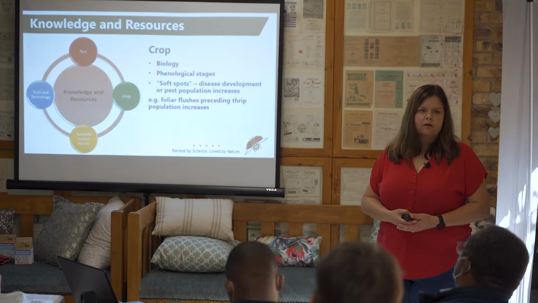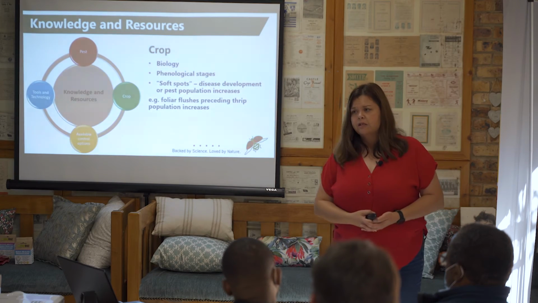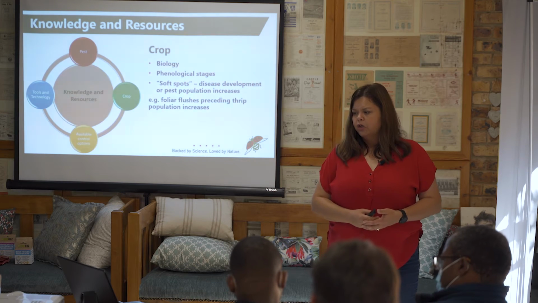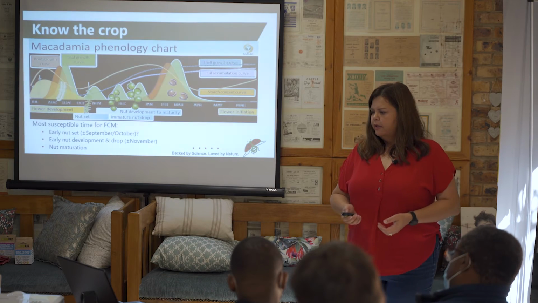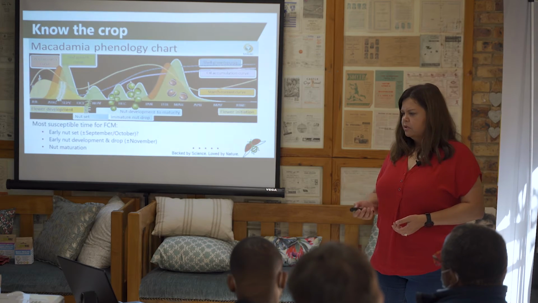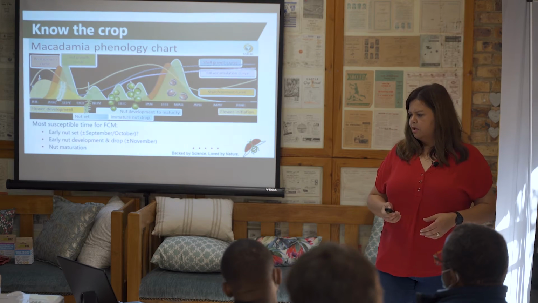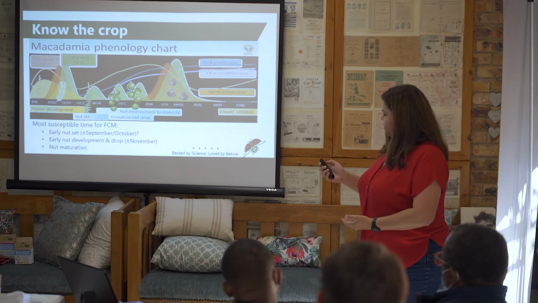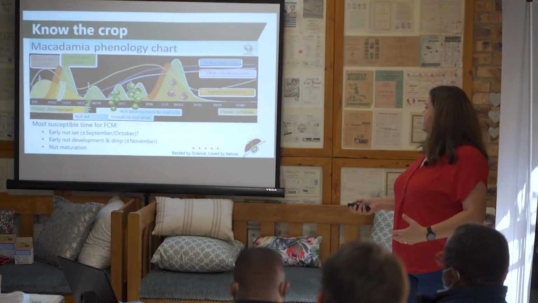So knowing these guys are starting to increase in population size, Colleen is going to focus on that a bit later to help us understand their biology. So she's going to help us understand this a bit better. So your phenological side chart on your macadamia. So I copied this from SAMAC's website. Thank you to them. To give you an idea for FCM specifically, so we're taking the FCM example again.